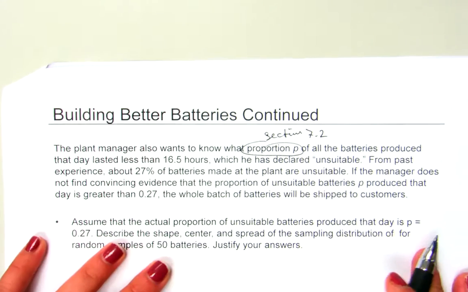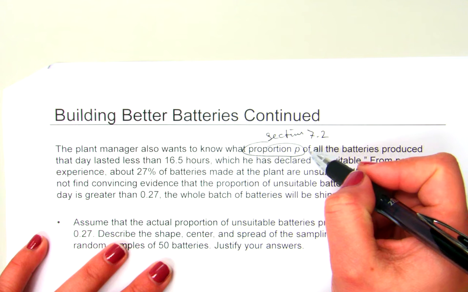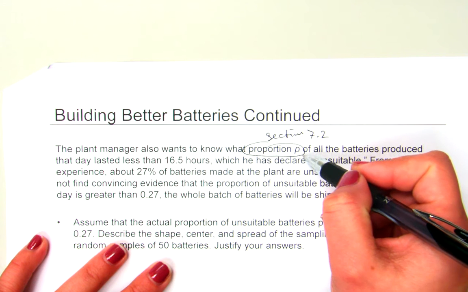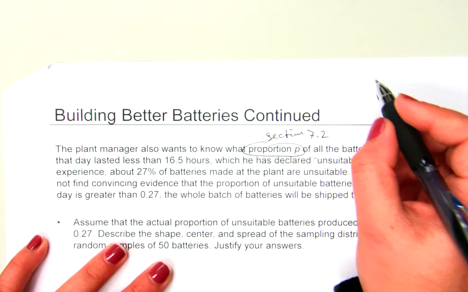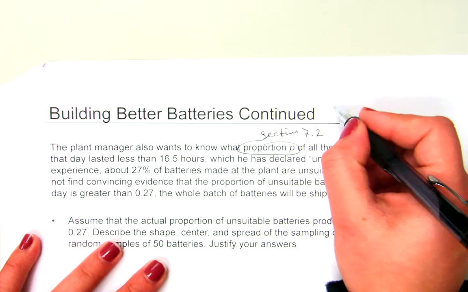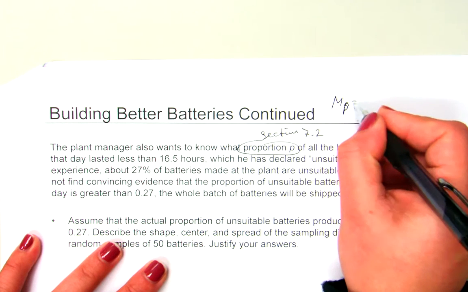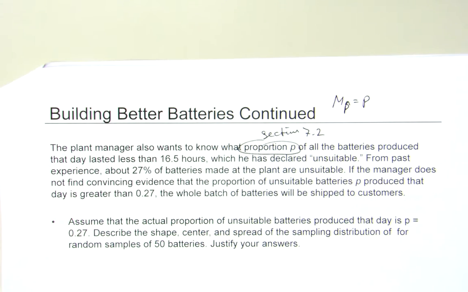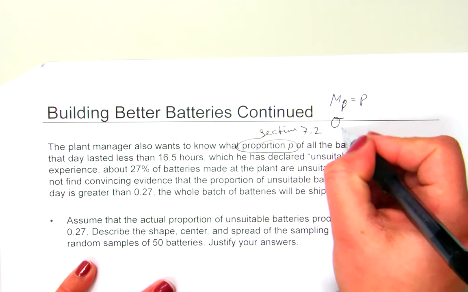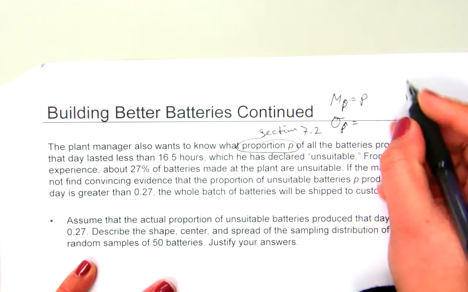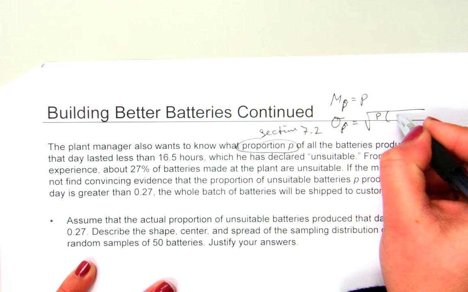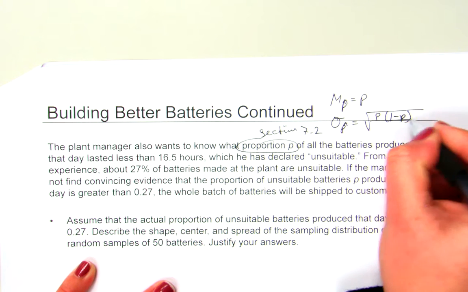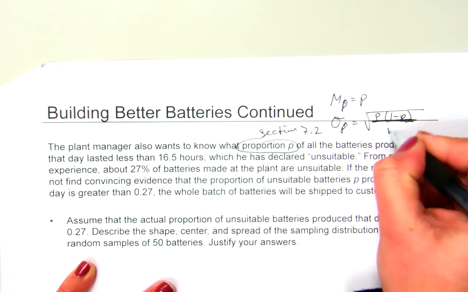And in section 7.2, when we were doing the mean of p hat and the distribution of p hat, we had a little bit of a different formula for the standard deviation. The mean of p hat was still equal to p, if I remember correctly, and the standard deviation of p hat was equal to the square root of p times 1 minus p all over n.